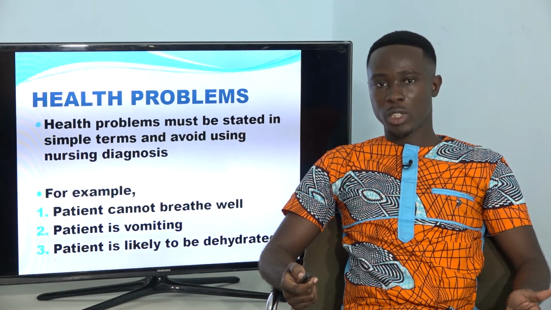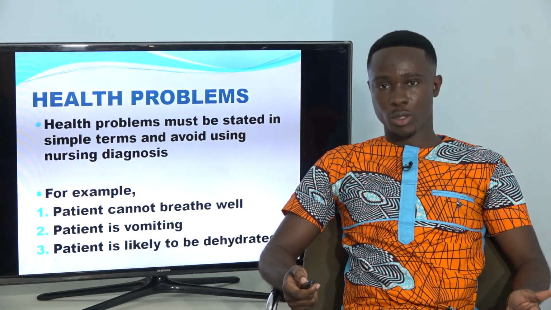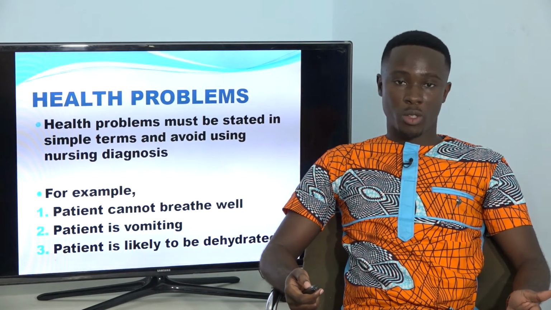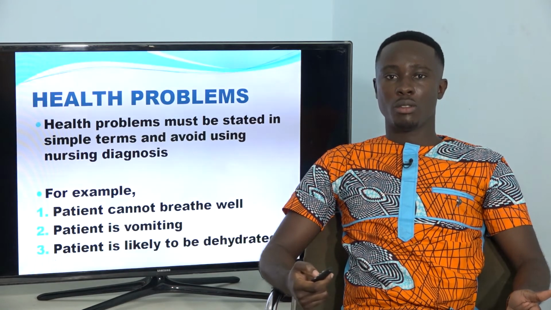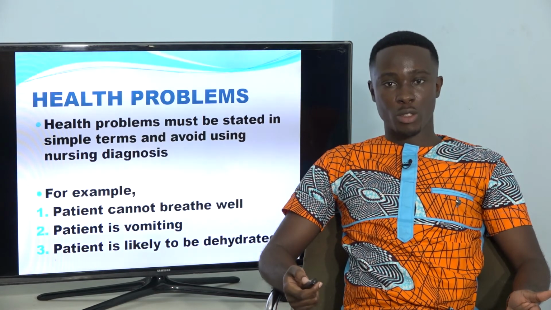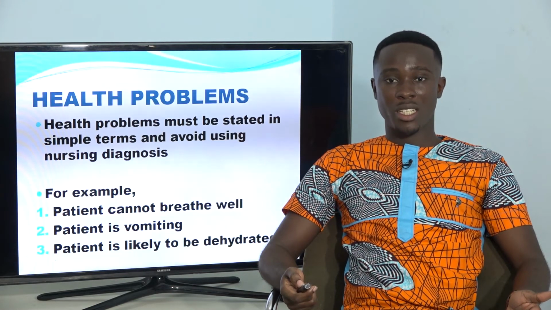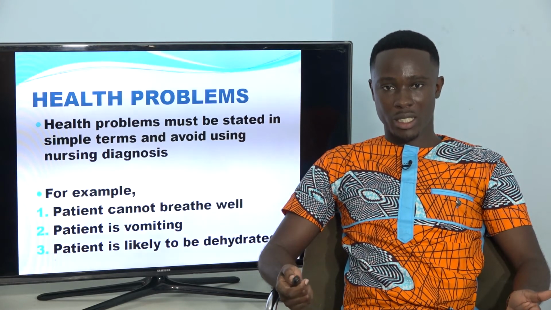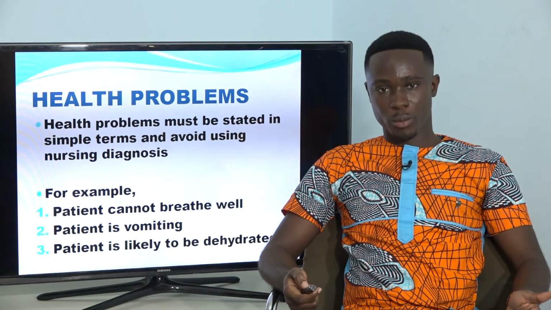Health problems must be stated in simple terms, avoiding nursing diagnosis. For example, you find that some students, instead of saying patient cannot breathe well, prefer to use dyspnea. Dyspnea is a nursing diagnosis and not a health problem. So it has to be stated in sentence form.